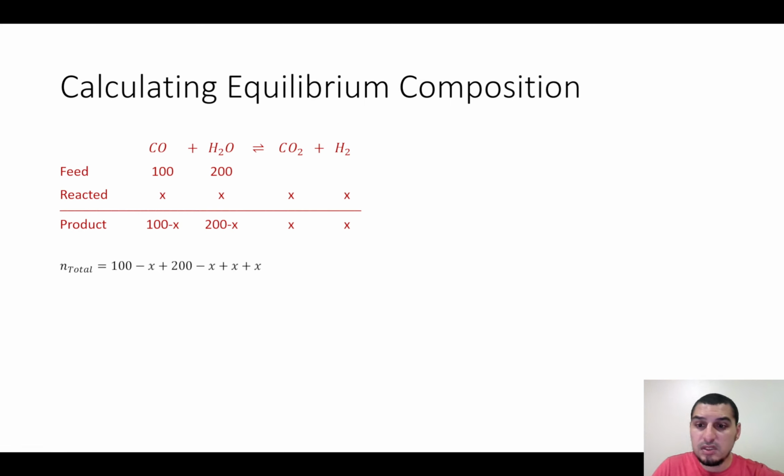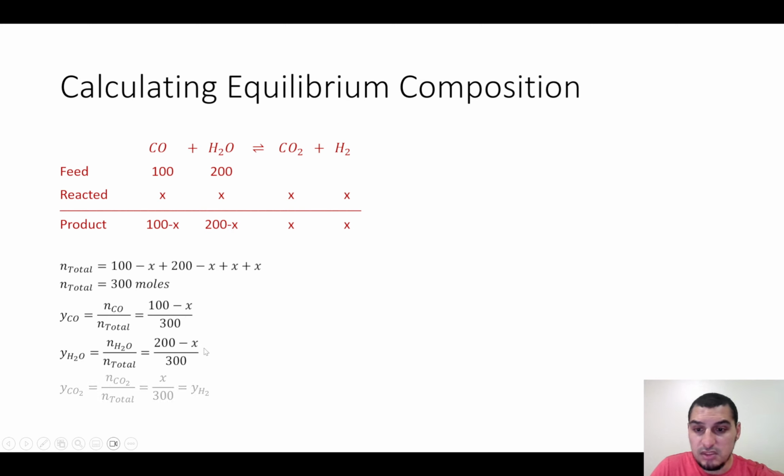So we will calculate the total number of moles, which is 100 minus X plus 200 minus X plus X plus X, which is 300 moles. Now we can divide each one of them by the total number of moles. So this is 100 minus X over 300, and the same for 200 minus X over 300, and the same for carbon dioxide and hydrogen, which is going to be X over 300.